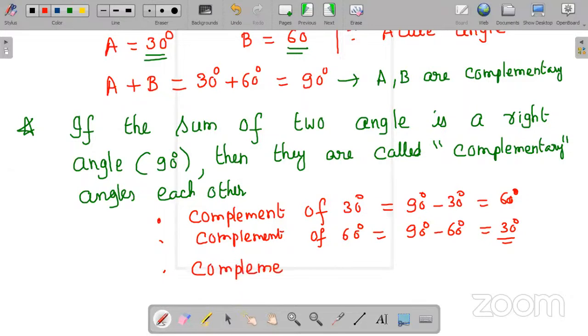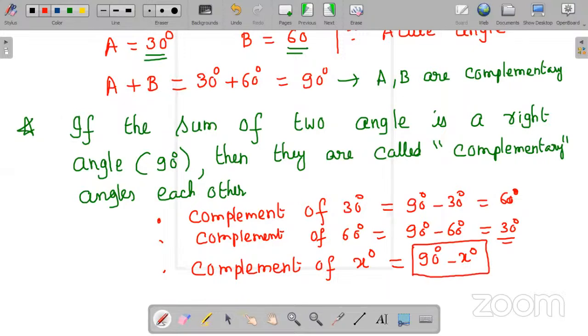Tell me, anybody. What is your answer? Wonderful, Srinitya. Absolutely correct. Yes, very good. 90 degrees minus x degrees. Wonderful. This is the complement of x degrees.